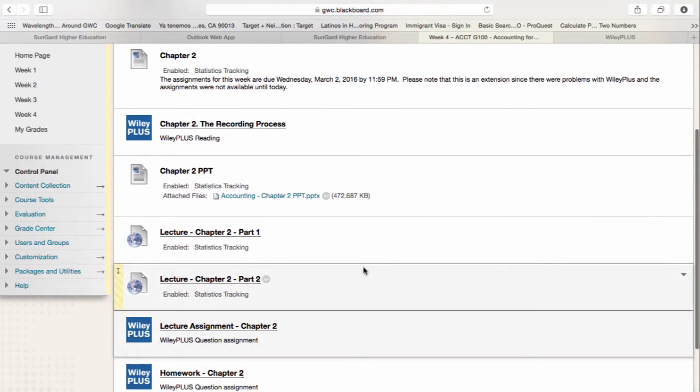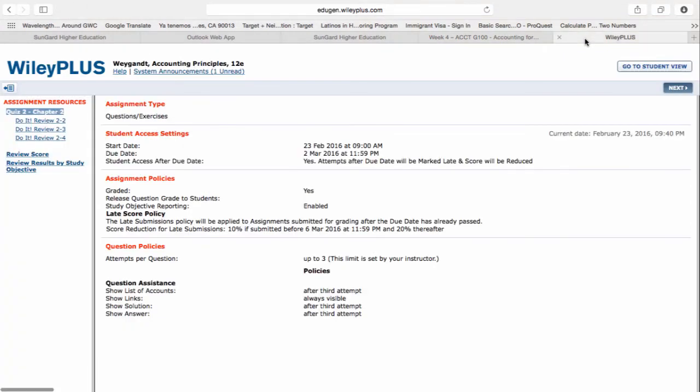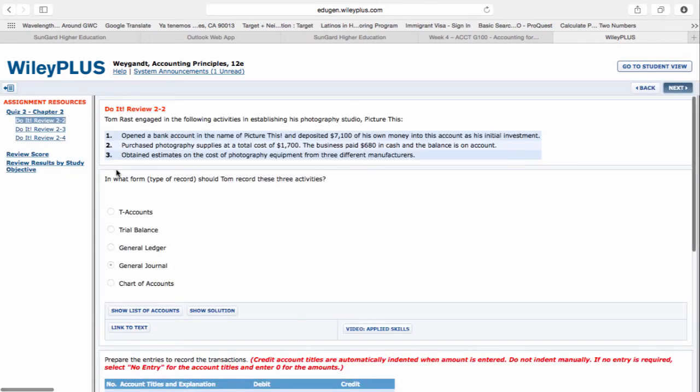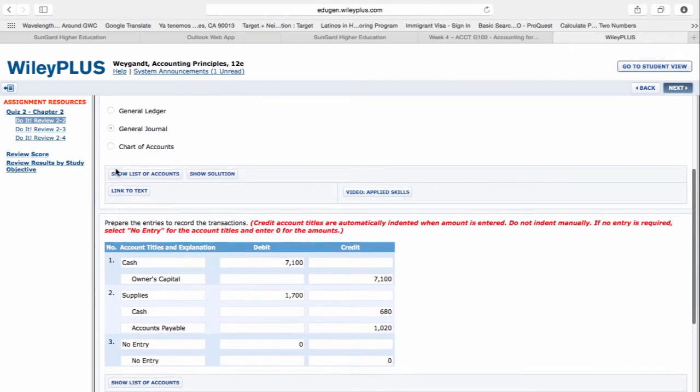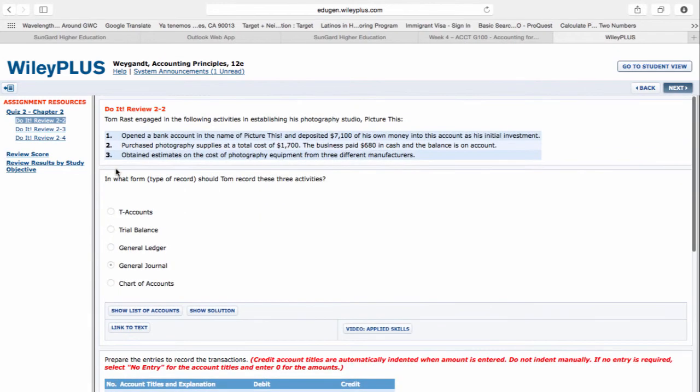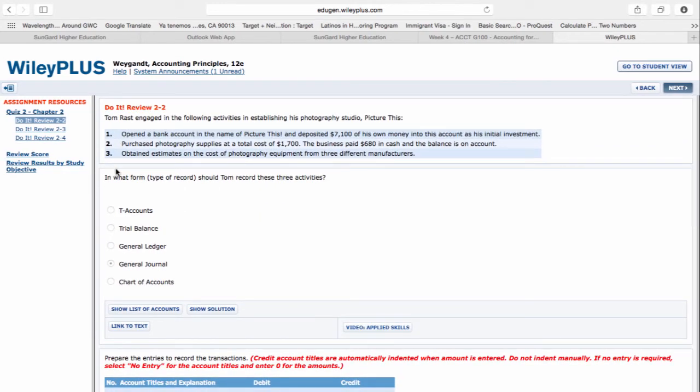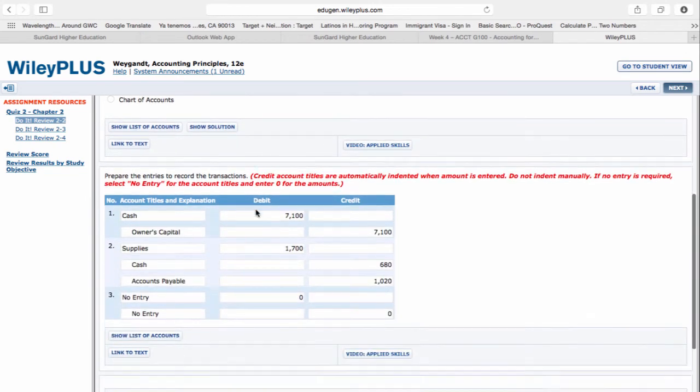The quiz is not timed, and it's going to be based on 3 homework problems, they're called do-it or reviews, and it's going to ask you some similar questions. It's going to ask you what form should all of these activities be recorded.